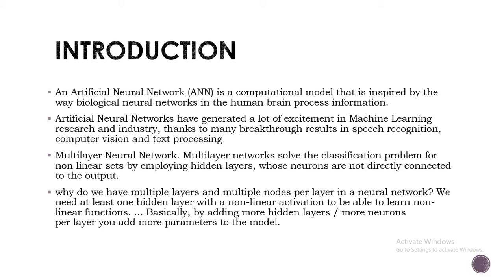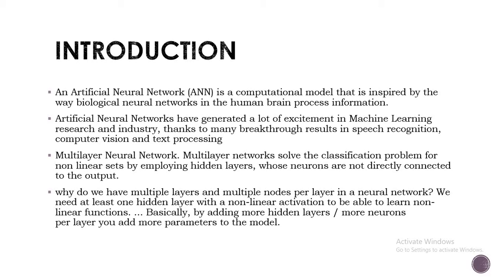Artificial neural networks have generated a lot of excitement in machine learning research and industry, with results in speech recognition, computer vision and text processing. Then what is the multi-layer neural network? This multi-layer network solves the classification problem for nonlinear sets by employing hidden layers whose neurons are not directly connected to the output.